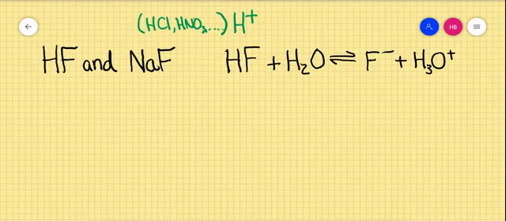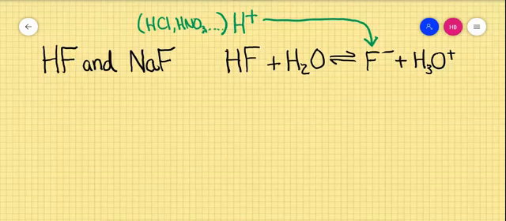H+ is going to come in, and it's going to seek out that weak base. When we say it's a weak base, we mean that it will bind with H+. It will accept the proton. When it accepts the H+, the pH does not plummet like it would otherwise. Instead, it forms a molecule and we get more weak acid, which does not plummet the pH.